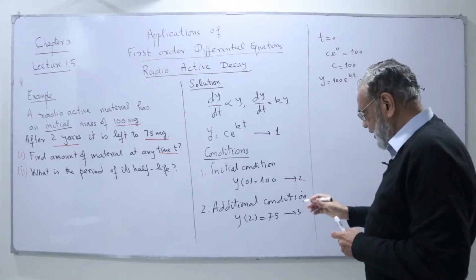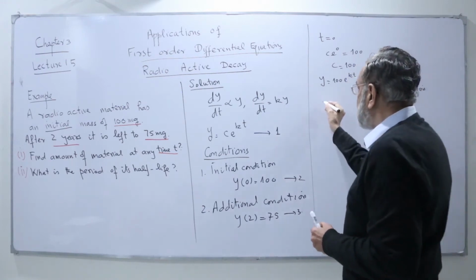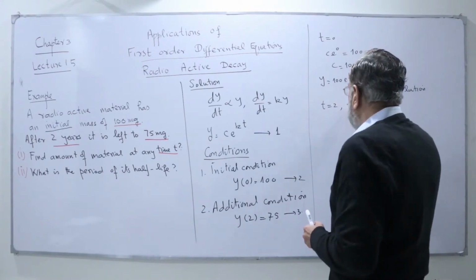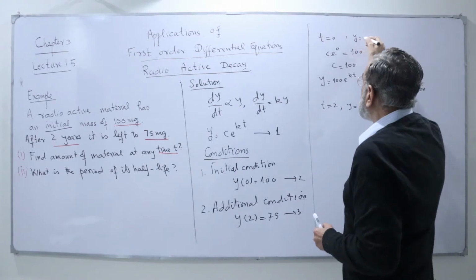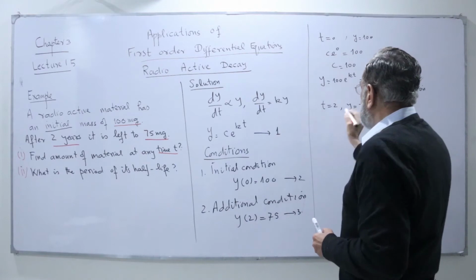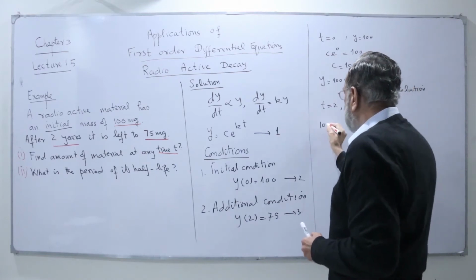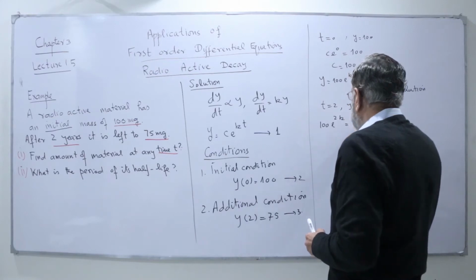Now I take my condition 3, the additional condition, to find the value of k. It says when t = 2, y = 75. So we take in equation 4, t = 2, and we get 100 e^(2k) = 75.